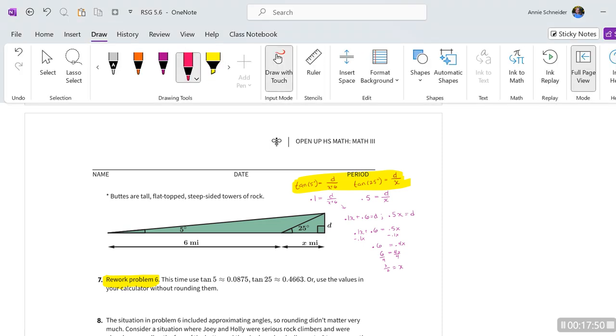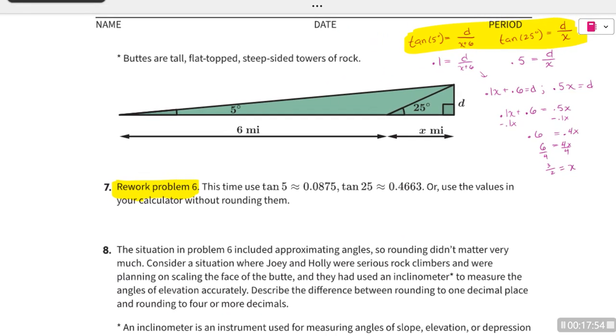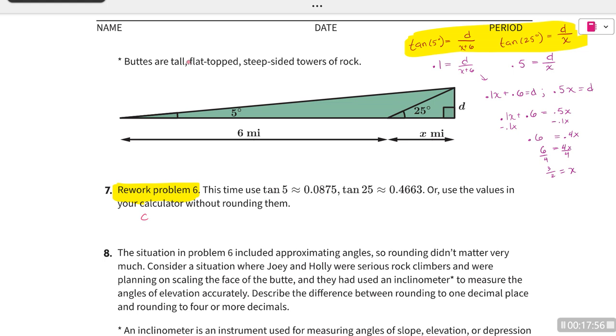So we're still going to have d over x plus 6 equals tan of 5 degrees. And we're still going to have d over x equals tan of 25. That hasn't changed. It's just what values we're substituting for our tan.